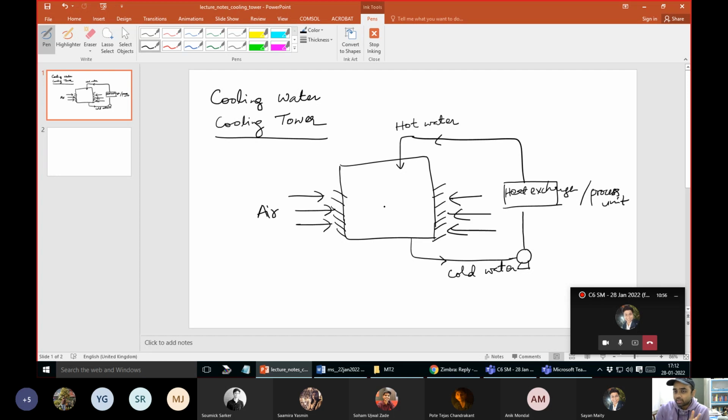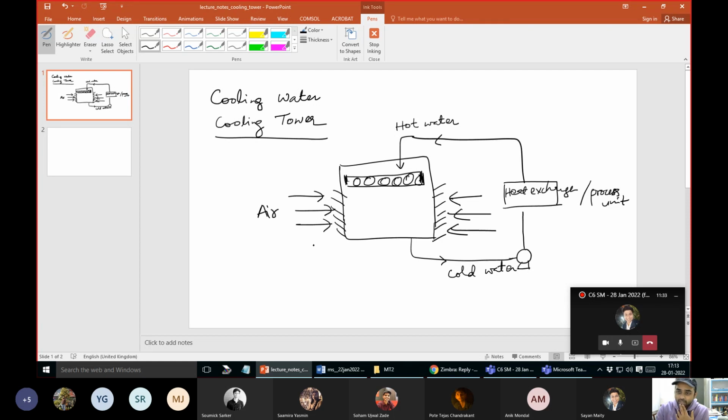Now, the airflow direction and airflow configuration, that is, the air distribution pattern inside the cooling tower, forms the basis of the classification, right? How the water is sprayed from the top, the design of the sprayer or the atomizer, whatever it is, all of these affect the internal design of this cooling tower, and essentially they play a big role in how this unit is going to perform.